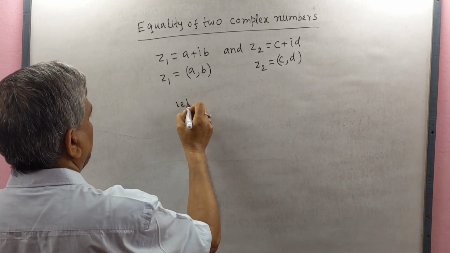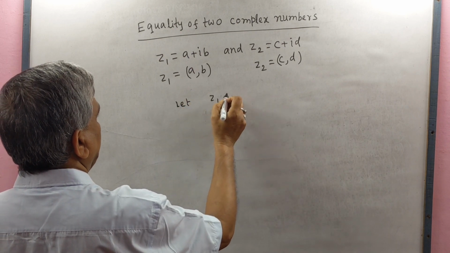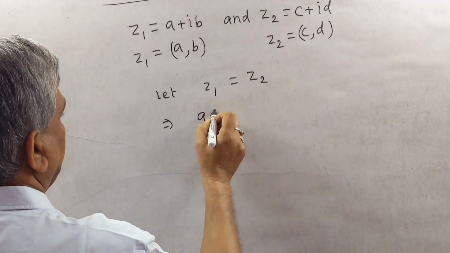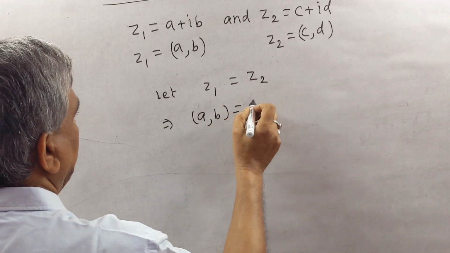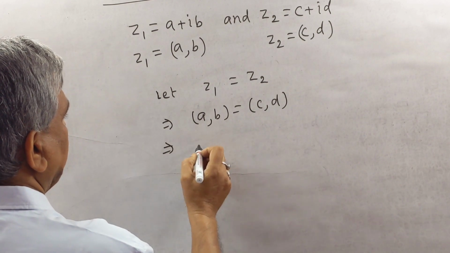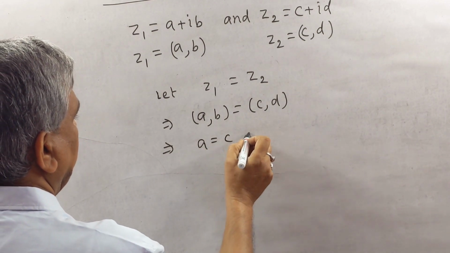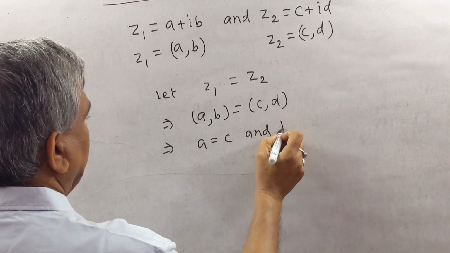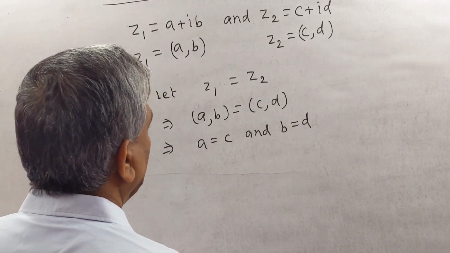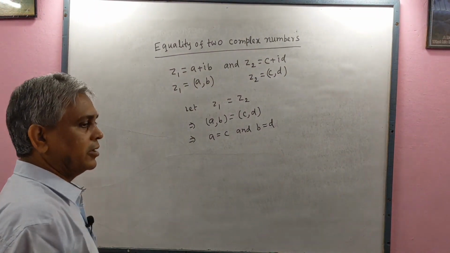Let z1 equal to z2 implies that ordered pair (a, b) equal to ordered pair (c, d) implies that a equal to c and b equal to d by the definition of equality of two ordered pairs.